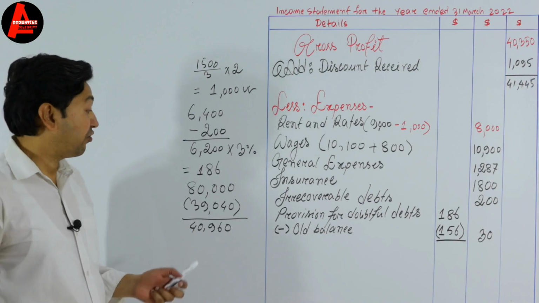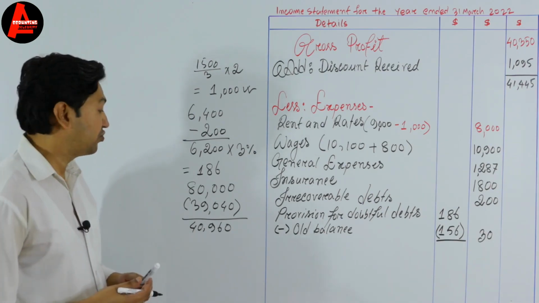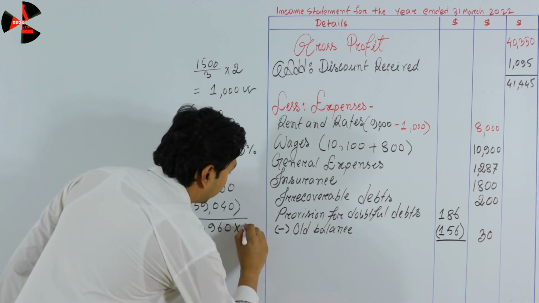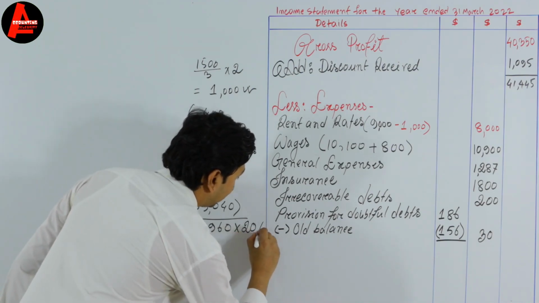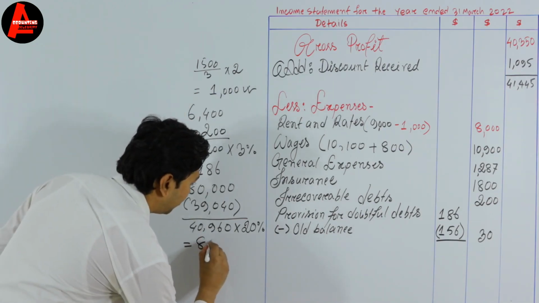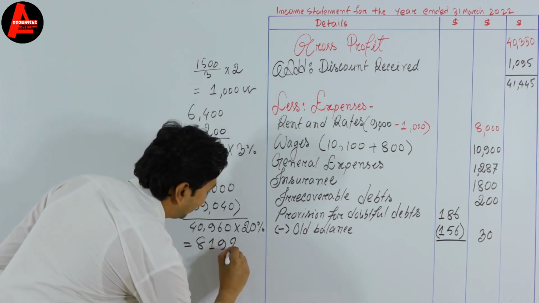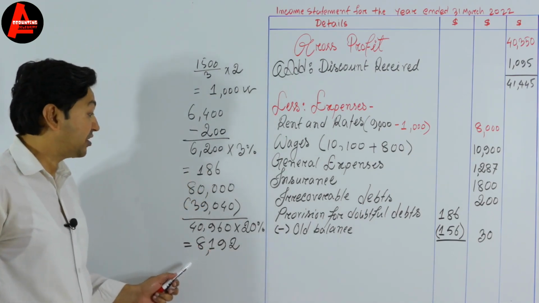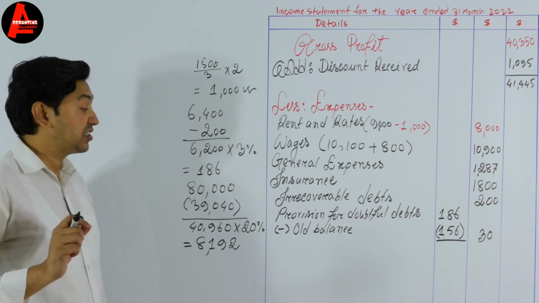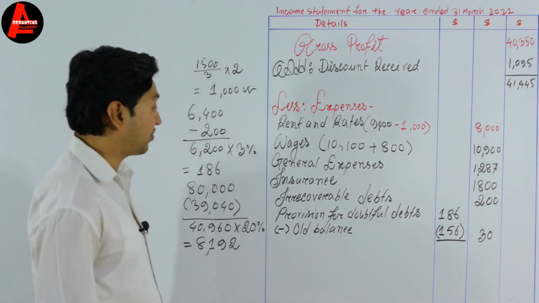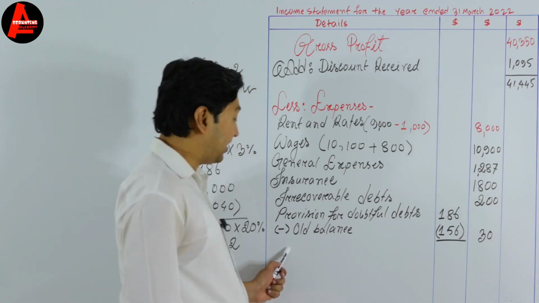Now if you multiply by the rate of depreciation, which is 20%, what do you get? So let us multiply by 20%. If we multiply, we get $8,192. This is how you need to calculate depreciation if you have the reducing balance method. Once again, this is an expense, so we will write it here.